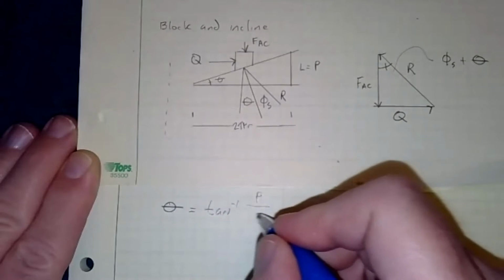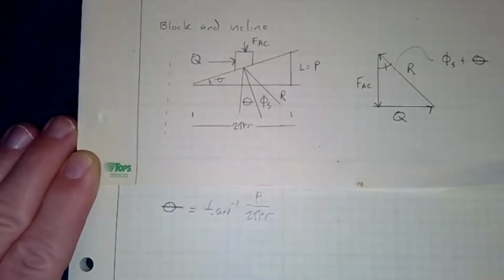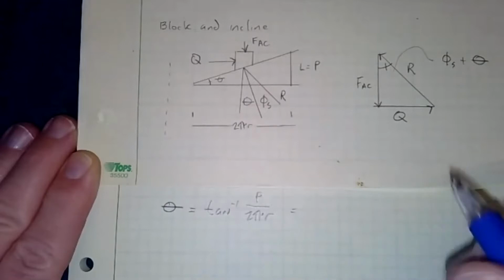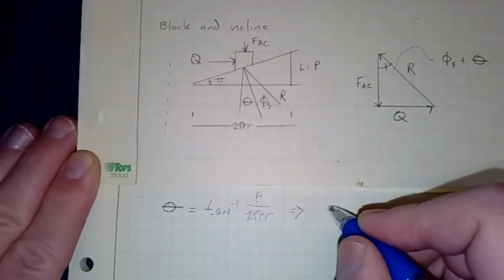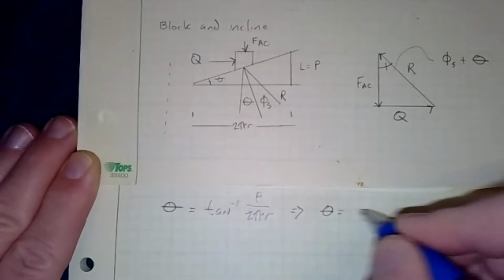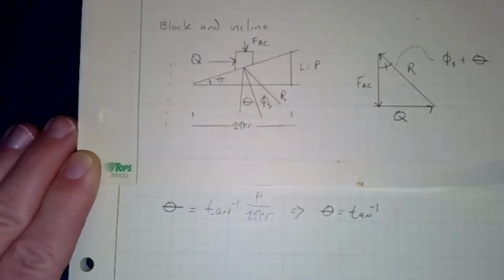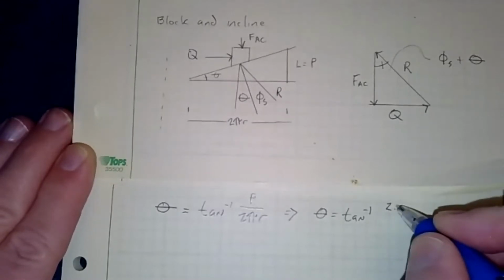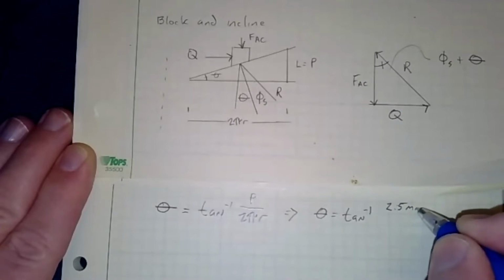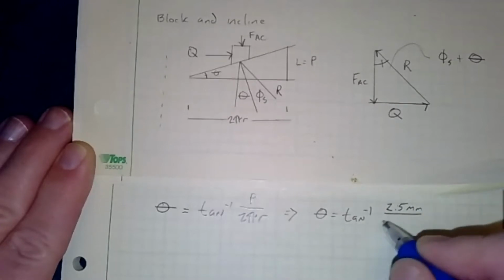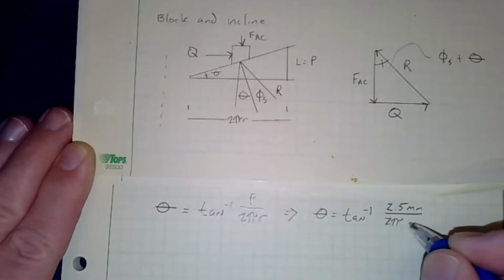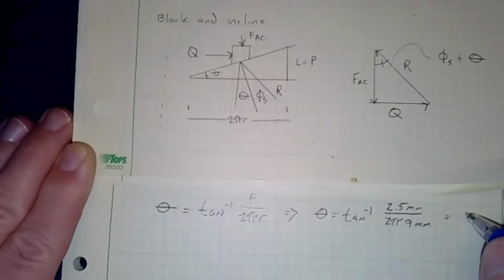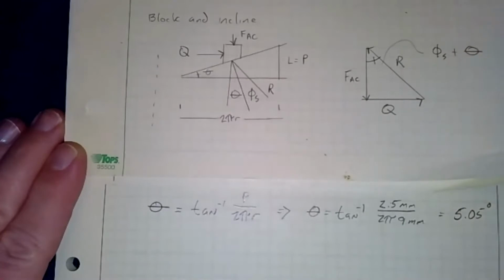So theta is equal to the inverse tangent of 2.5 millimeters for the pitch divided by 2 pi times r, which r was 9. And so we get from that 5.05 degrees. And there we have it.